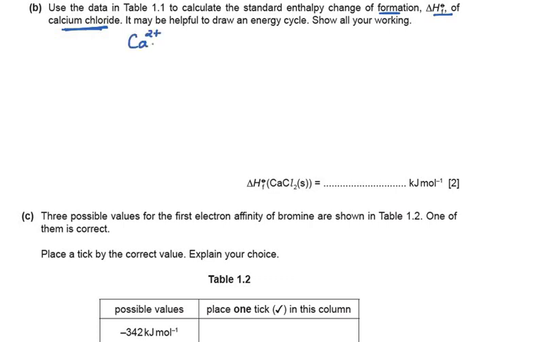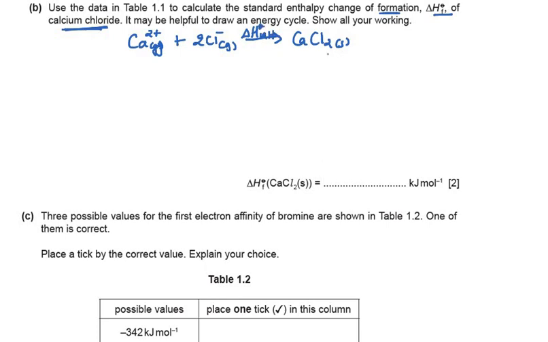Suppose I write an equation for this: gaseous calcium ion and 2 chloride ions, again in the gaseous form, form calcium chloride in the solid form. This is the energy change of lattice energy I have written here.